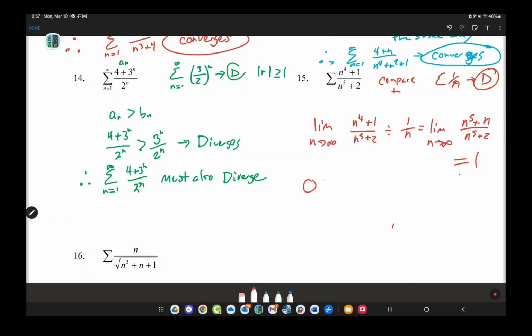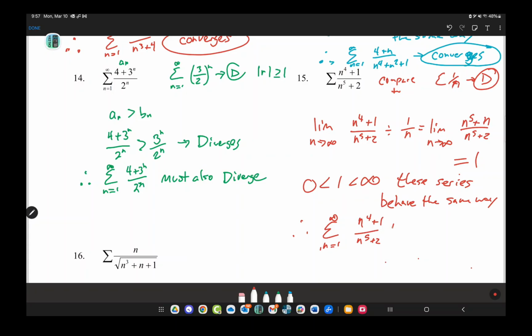So since 0 is less than 1, which is less than infinity, these series behave the same way. Therefore, the sum from n equals 1 to infinity of n to the 4th plus 1 over n to the 5th plus 2 also diverges.